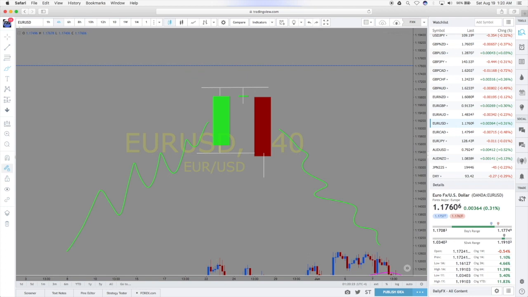So the morning star, evening star, and inside bar setup are the most common ones that you'll see in the market over and over again. It's very important to keep these in mind, draw these out, write them down, have them in a notebook. That way you can keep track of them, and once you see one, you'll start to see them all the time in the market.